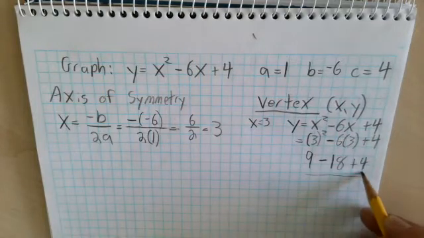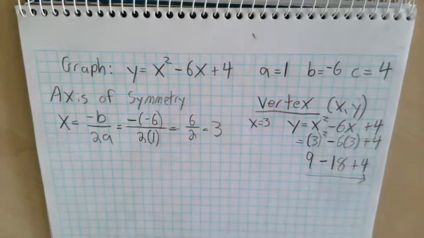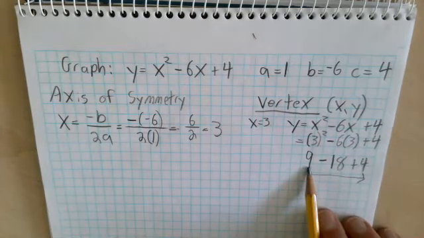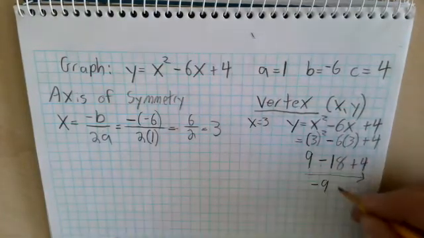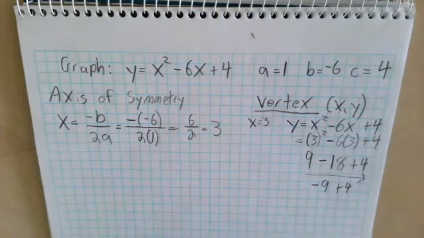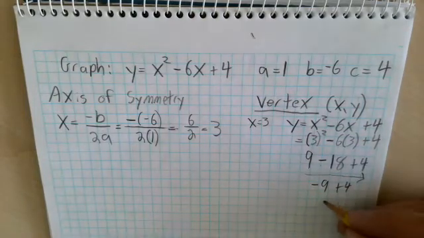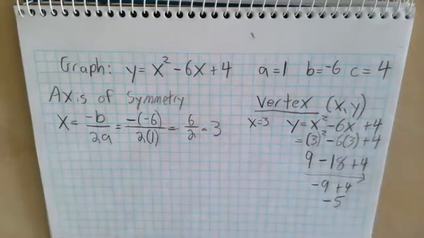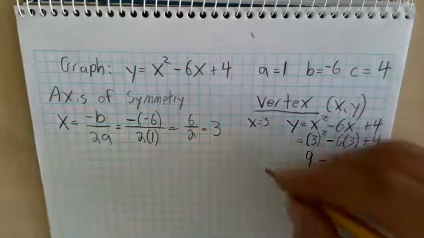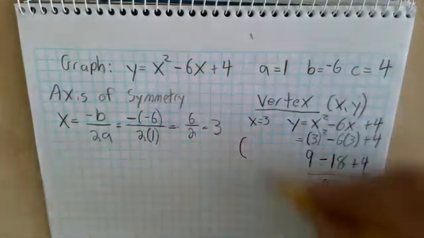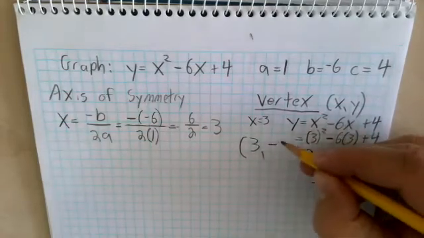I'm moving from left to right once I'm left with just adding and subtracting. 9 minus 18 is -9, plus 4, -5. So our vertex is 3, -5.